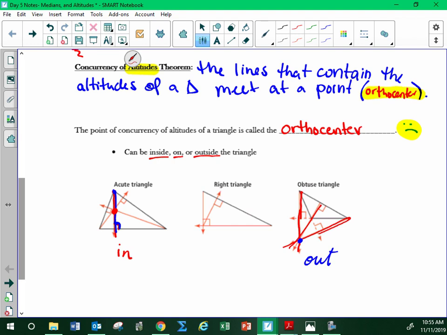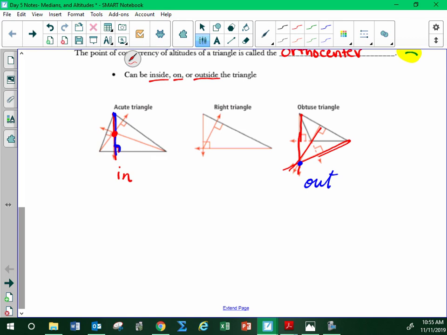Now for a right triangle, what do we know about a right triangle? What makes a triangle a right triangle? It has a right angle. Remember, an altitude simply connects vertex to side opposite so that it's perpendicular, so that it makes a right. So if I go from vertex to side opposite, it is already perpendicular, the side itself, because it's on the right angle.